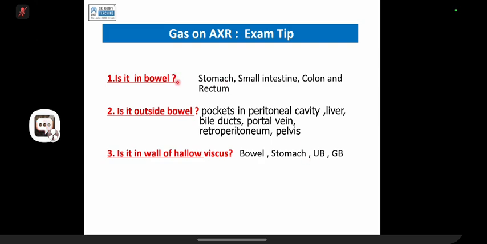Is it in the bowel lumen? Is it outside the bowel lumen? We show cases like, and for you also it is important, pneumobilia: in the biliary tree there is air, or in the portal vein. And is it in the wall of the hollow viscus? This is very important. I'll show you cases, but I will not teach you in this session. I don't want to overload you.